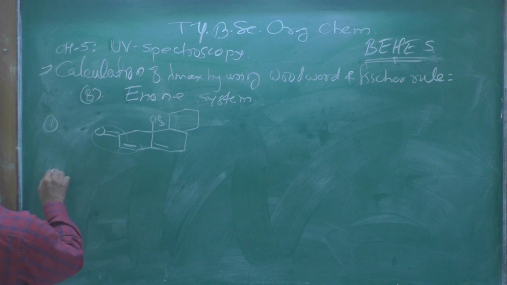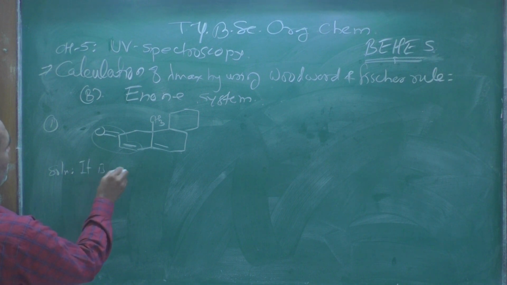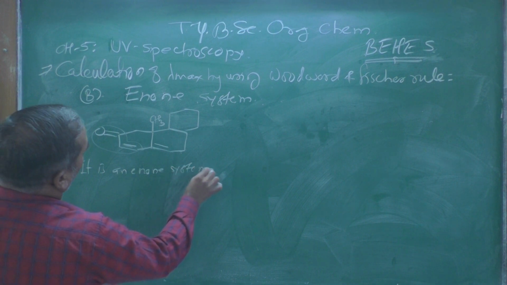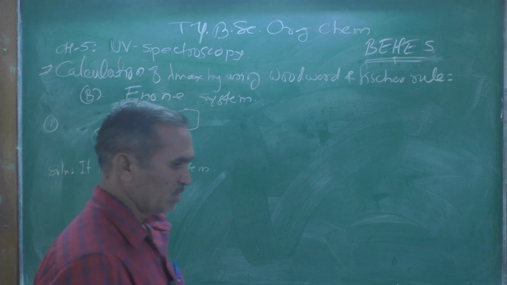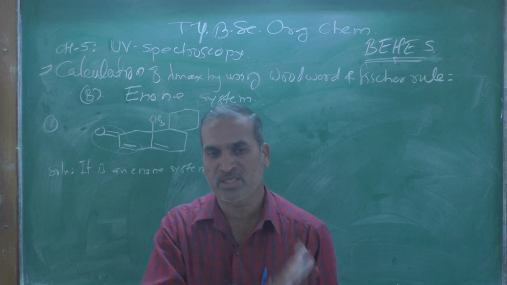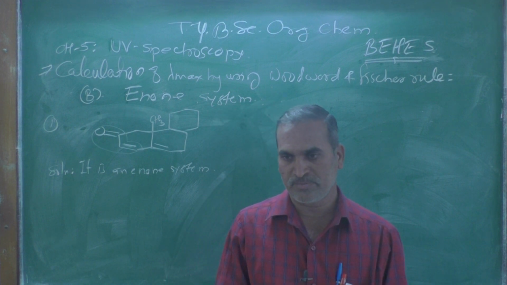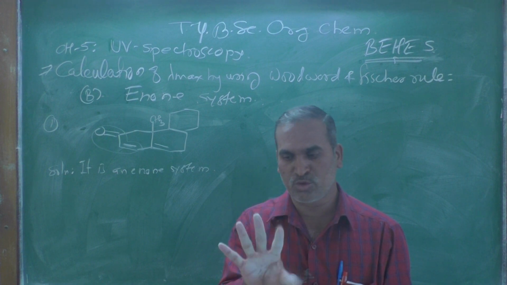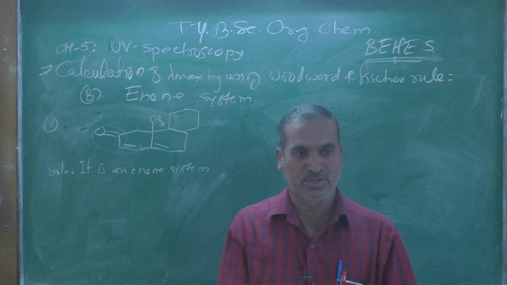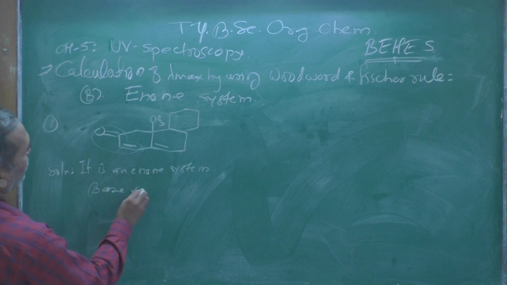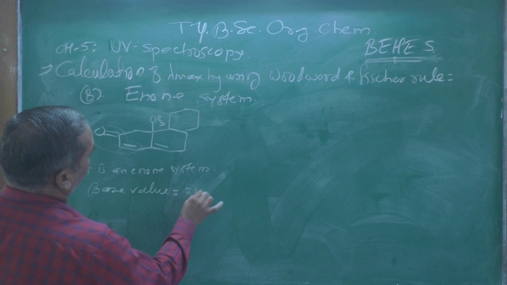While solving, it is an enone system. Now, when an enone system is present, there are three basic values. This carbonyl group is attached to a 6-membered ring, and therefore the base value should be 215 nanometer.